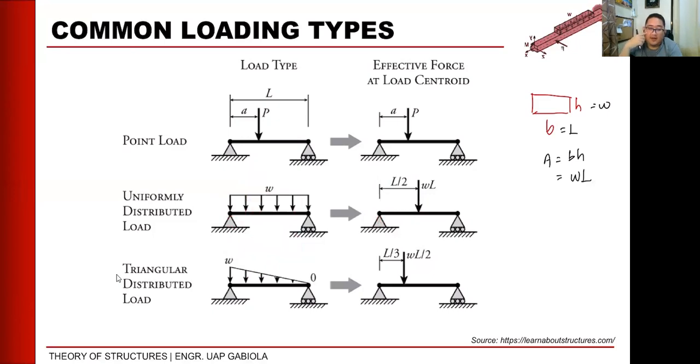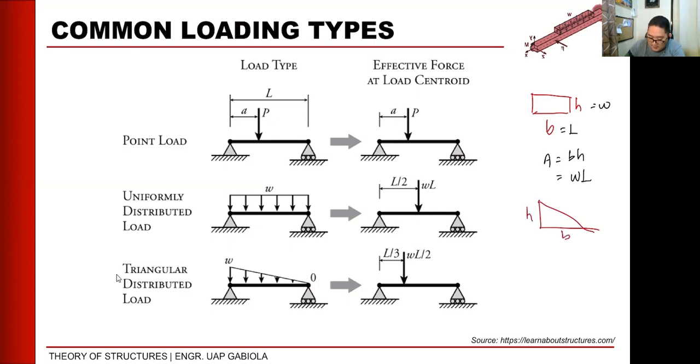Next, we have a triangular distributed load. So, a triangular distributed load is meron tayong maximum value at one end and nagdi-decrease siya as we go dun sa other end hanggang maging 0. Okay? So, in triangular loading, same as dun sa ating conversion kanina or discussion, kapag meron tayong triangular loading, tandaan na lang natin is yung area ng triangle.